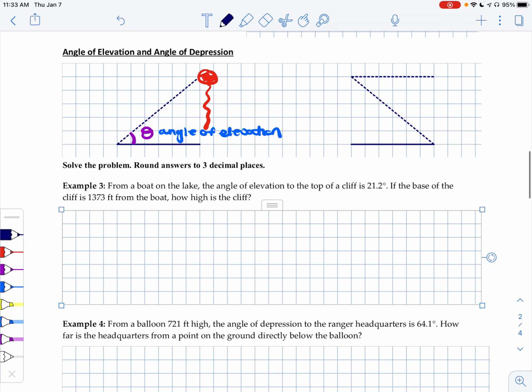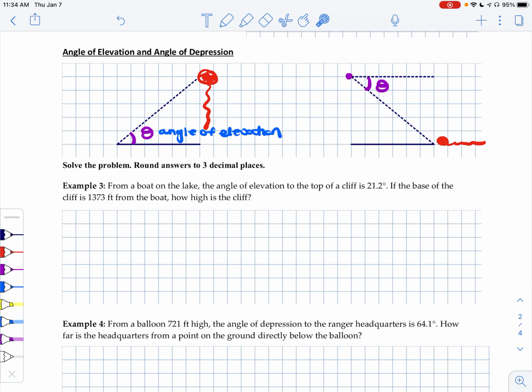This time, say you're hanging out up here looking down, and now your balloon has fallen down to the ground. So you're standing up above, looking down at something. The angle of depression would be this angle right here, again between the horizontal and whatever you're looking at down below.